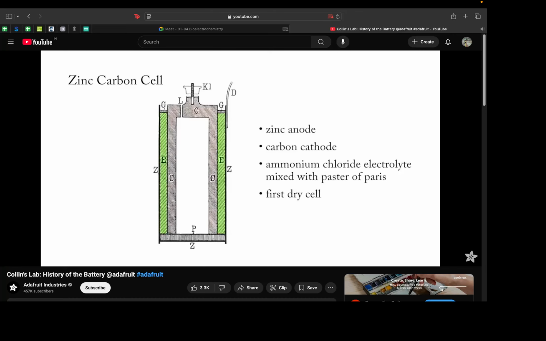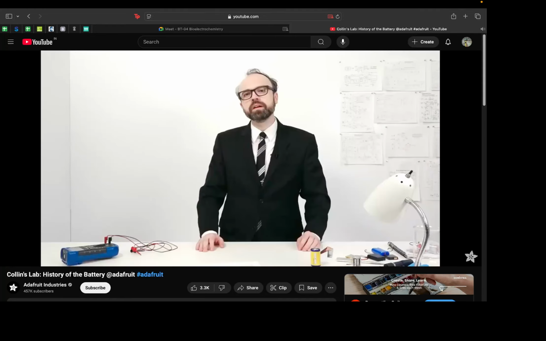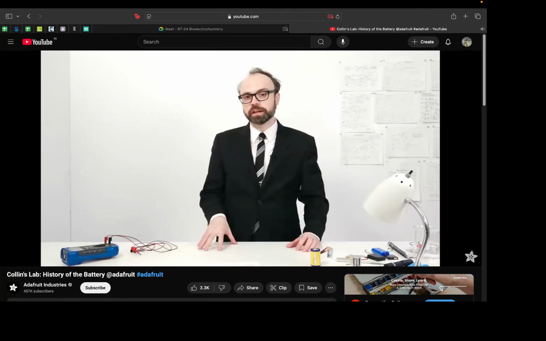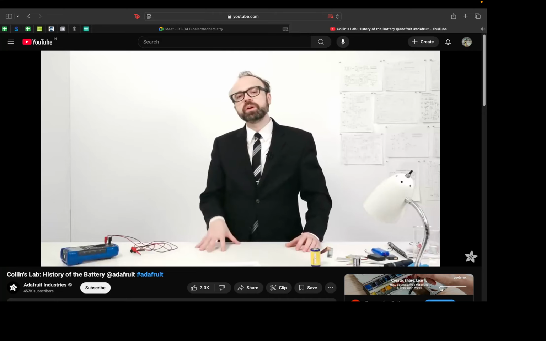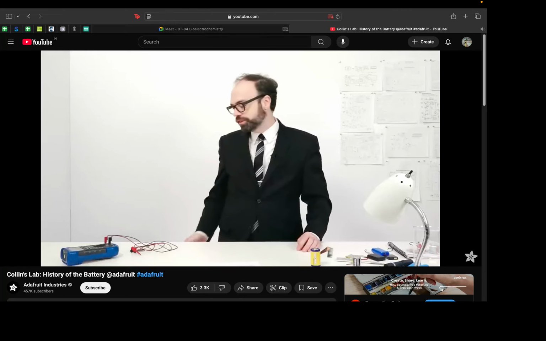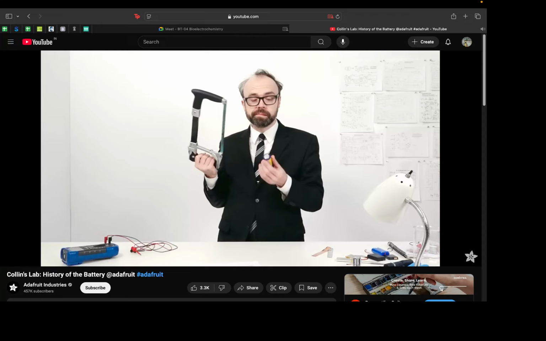Because it didn't spill and could be used in any orientation, the zinc carbon cell opened the gates to many new portable uses, such as flashlights. The zinc carbon cell would eventually be refined by the National Carbon Company and evolve into our modern alkaline battery. You can easily see how little the design has changed over the years. Just a bit of help from a hacksaw.